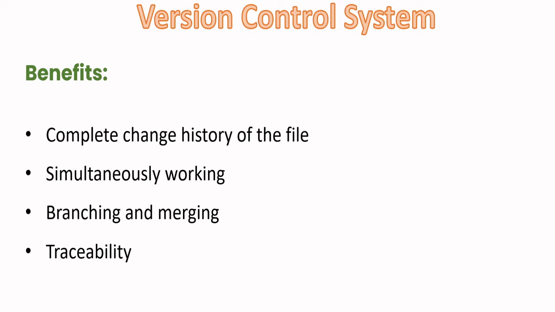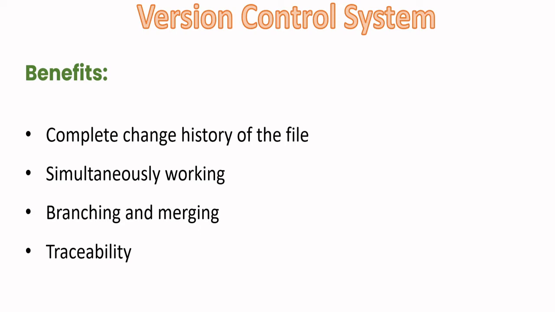The benefits of using a version controlling system: it maintains the complete history of the file, when it has been changed and what the purpose of that particular change was. All this type of information will be kept. Simultaneous working: all your team members can work simultaneously on the same code in parallel.